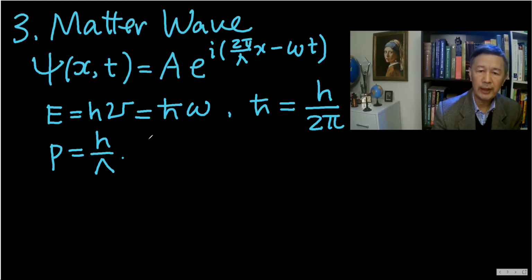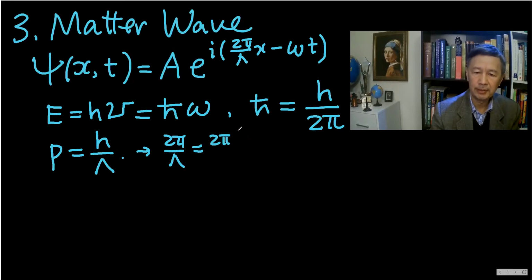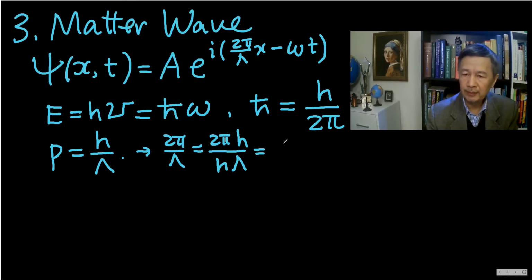We can rewrite 2 pi over lambda: we multiply by h and divide by h immediately, so we get p over h bar. So we substitute that formula here by introducing the momentum.